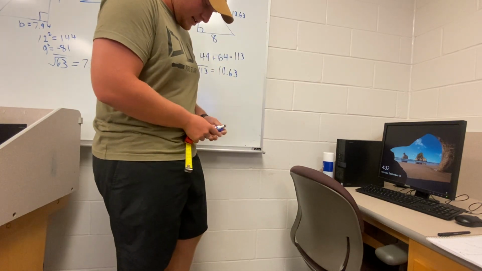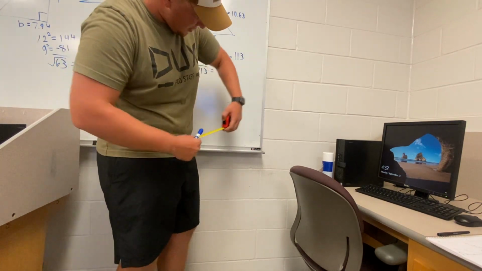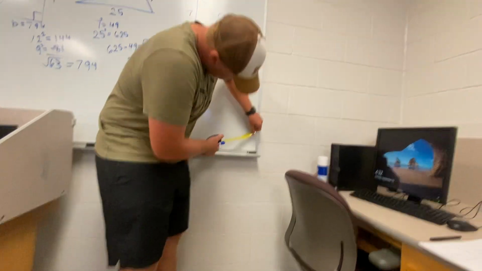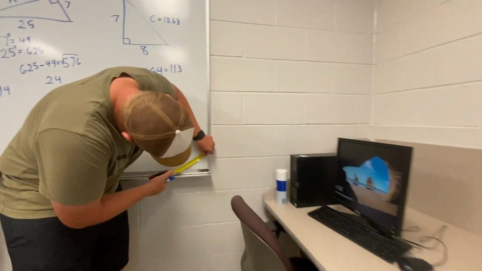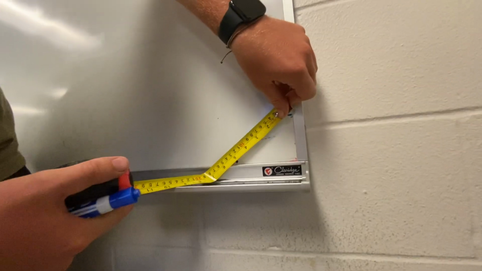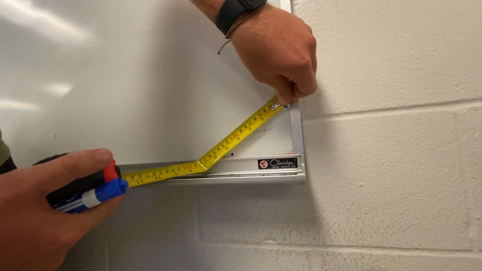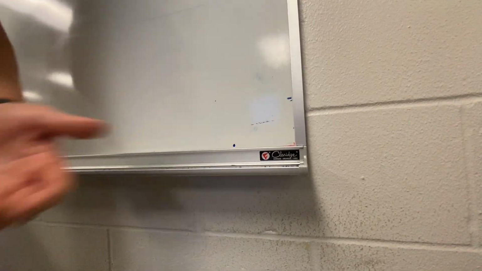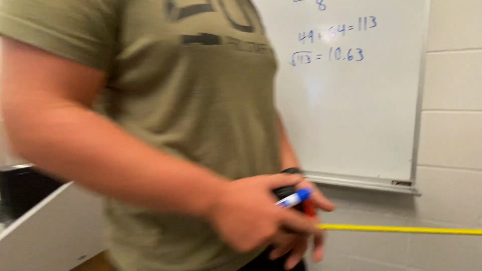And then you're gonna measure across. Let me grab this. I'll scoot way forward here. As you can see, between my 2 marks, it's right at 5 inches. So you can tell that that would be a right angle.